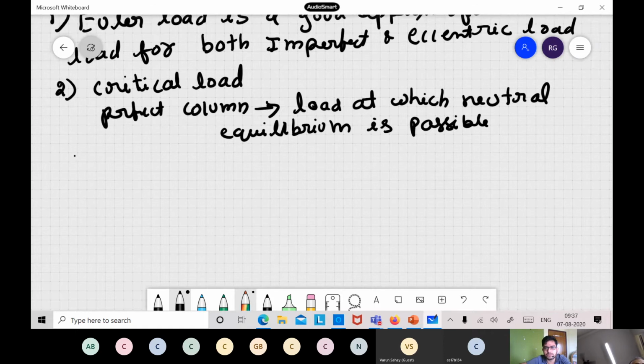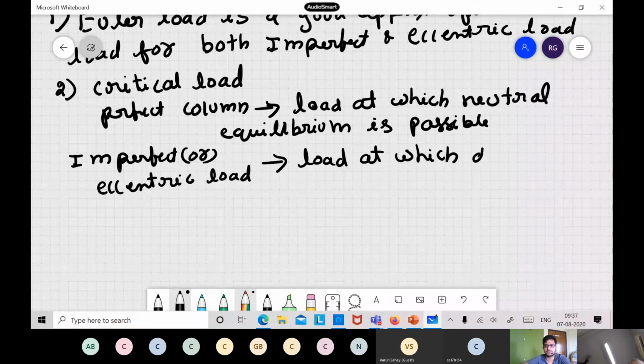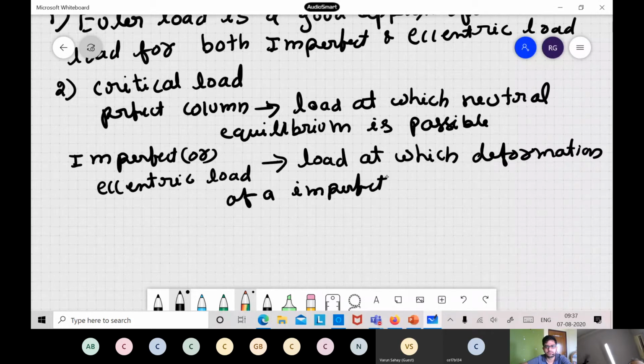Now for imperfect columns, or eccentric kind of a thing, the definition is, you followed it, the load at which deformation of an imperfect column increases without bound.